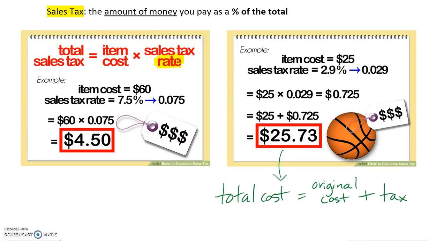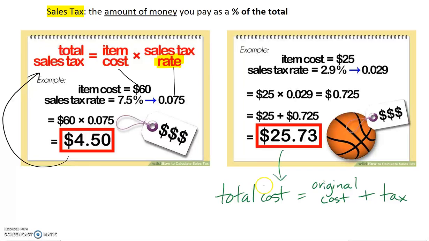And remember, the rate will always be a decimal number. So the item cost is $60. There we go. That's our connection. And the sales tax rate is 7.5%, but we will always write it as a decimal. So really, we are just multiplying 60 times 0.075, and there is our total sales tax.